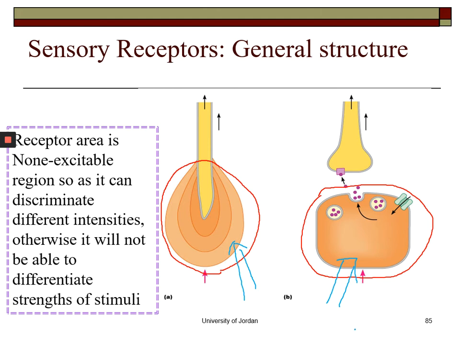If it does not reach the threshold, it's not going to cause an action potential. If it's not going to cause an action potential, it's not going to transmit signals through the afferent neuron.